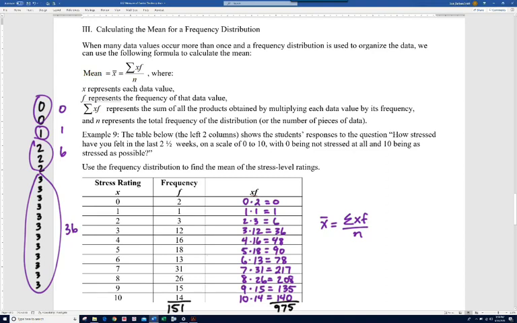And the frequency, we just add the frequencies up, and that'll tell us how many pieces of data there are. And so we get 975 divided by 151, which is about 6.46. So if 5 is average, you can see that people are a little above average as far as their stress rating. All right, let's move on to number 4.